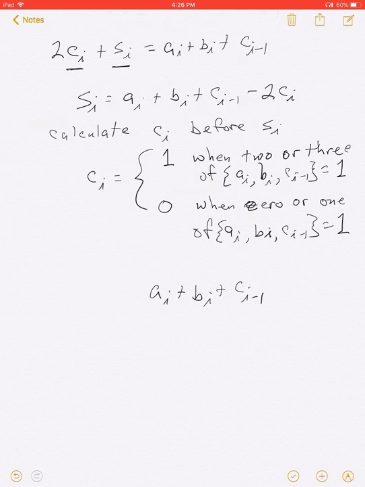And if that sum is 2 or 3, the way I can make that a 1 is by dividing it by 2 and taking the floor function. And that also works for the other case. So when Ai plus Bi plus Ci minus 1 is 1 or 0, if I divide by 2 and take the floor function, I also get 0.